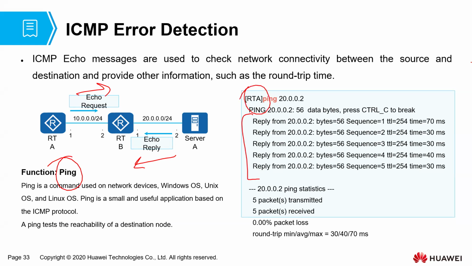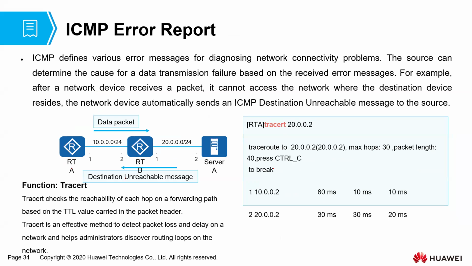And these are the replies you are getting. Here I've sent 1, 2, 3, 4, 5 requests, and I've got all 5 replies. The reason I send a number of requests is that perhaps the first one may fail to reach, the second may fail, but on the third and fourth you get responses, and that's how you know there is connectivity.